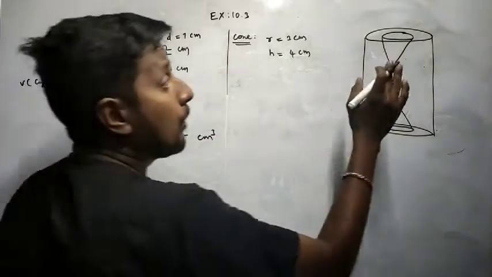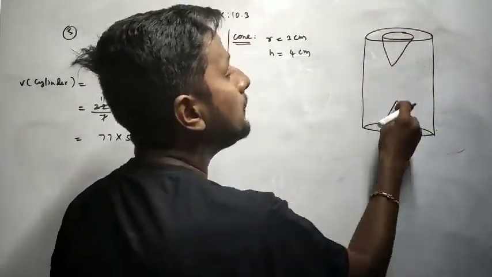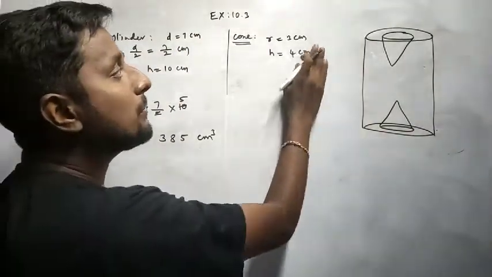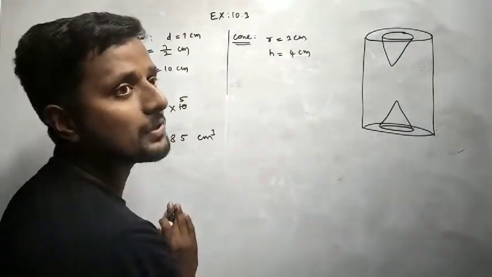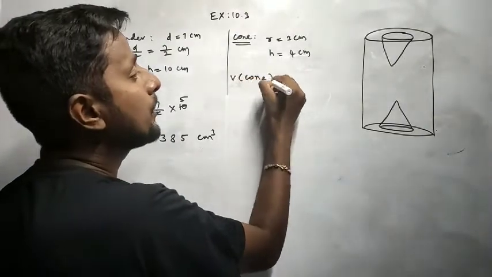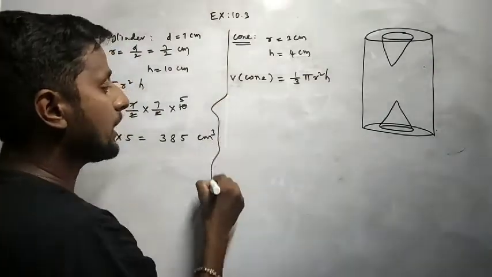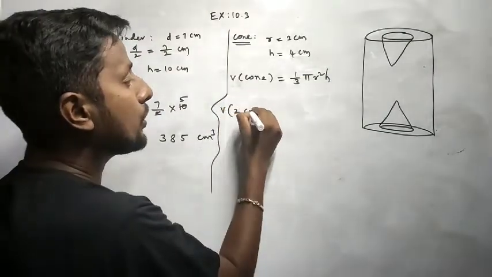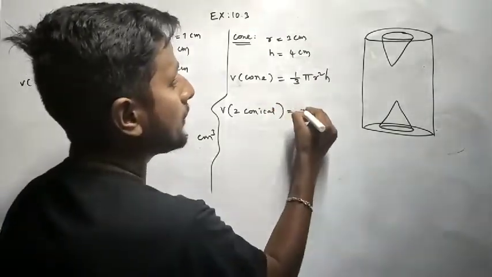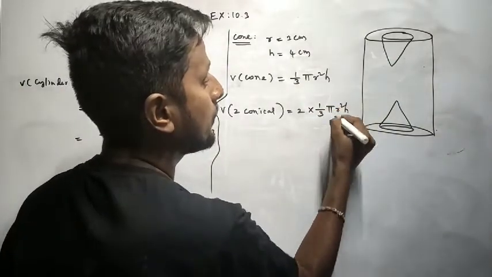Now, what quantity the conical parts occupied in the cylinder, we have to get it. Okay, and the both conical parts have the same size, the same radius with the same height. Now volume of a cone formula is 1 by 3 pi r square h. So what I want to write, volume of two conicals, that means 2 into 1 by 3 pi r square h, right?